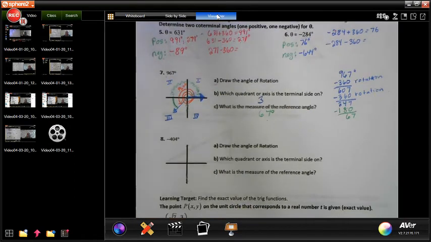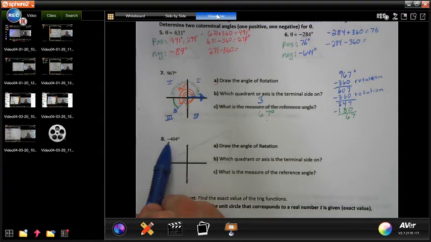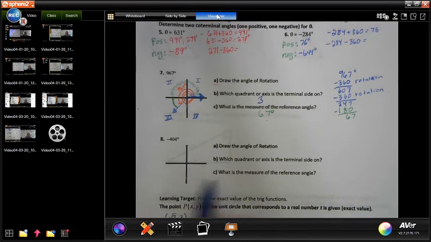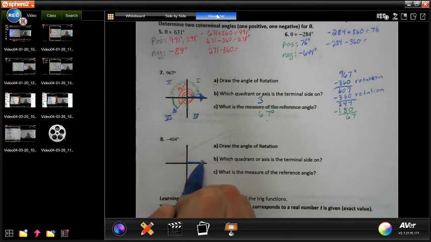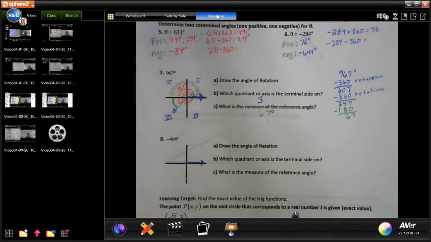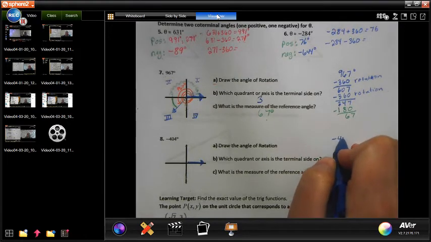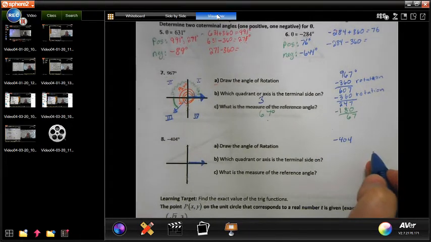So number 8, now this one's a little bit different in that it's a negative rotation, which means we're going to go counterclockwise. It's bigger than 360, or negative 360, however you want to look at it. So it's going to make a loop. So we take our negative 404, and we want to subtract out a rotation.